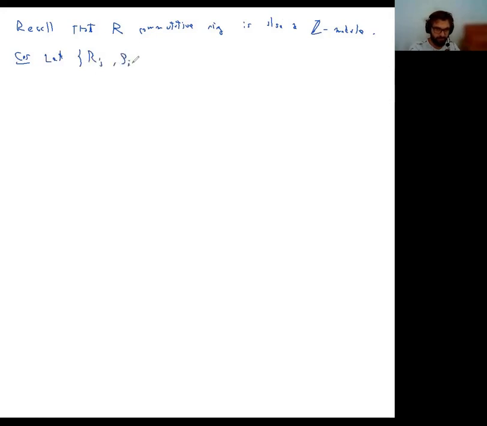So let (R_j, rho_ij) be a directed system of commutative rings with unity, such that these rho_ij are morphisms.